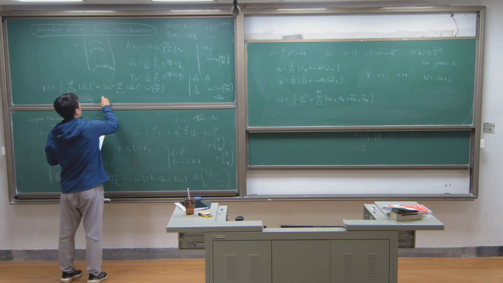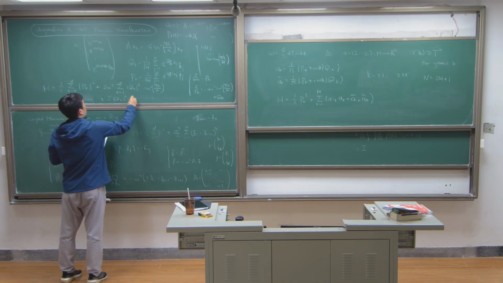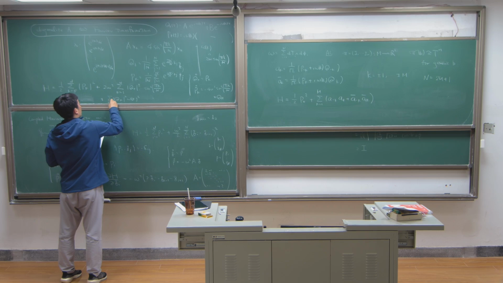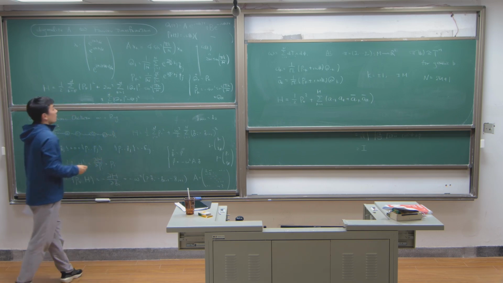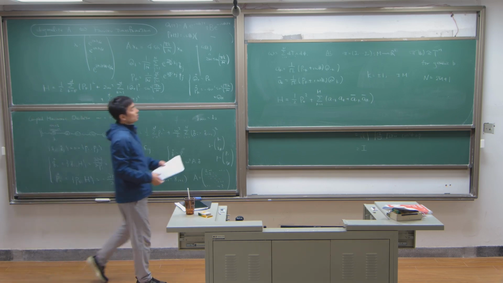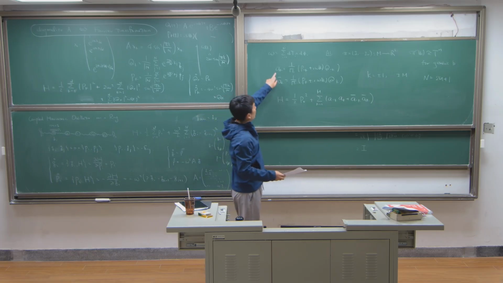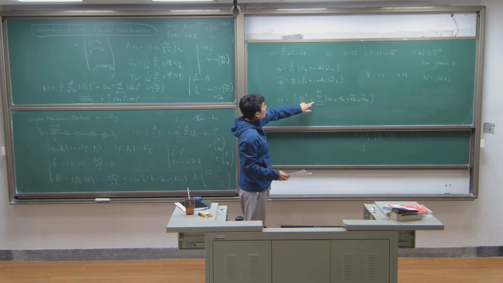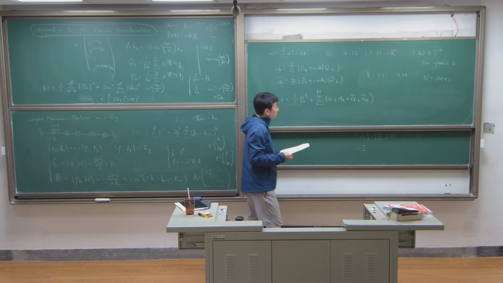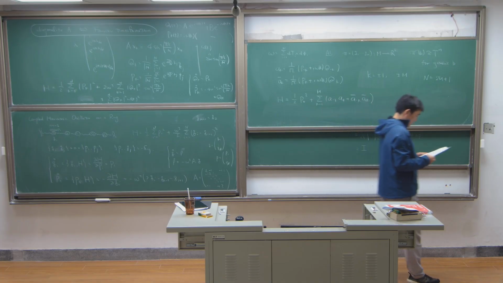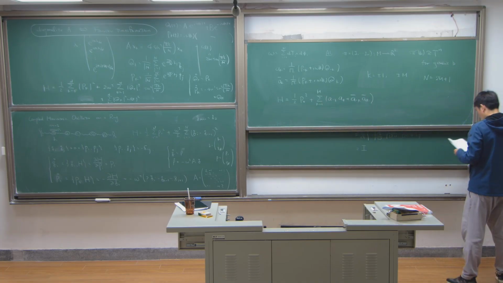So this is just a plus sum of q_k squared omega_k squared, k equal to 1 to N. So therefore, if you define a_k and a_k bar like this way, one can just write down the Hamiltonian like this.